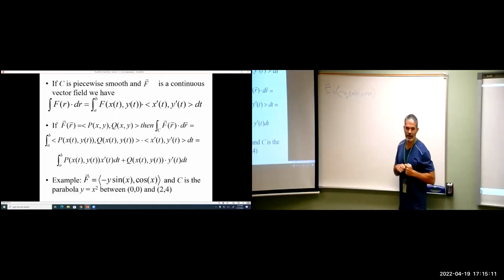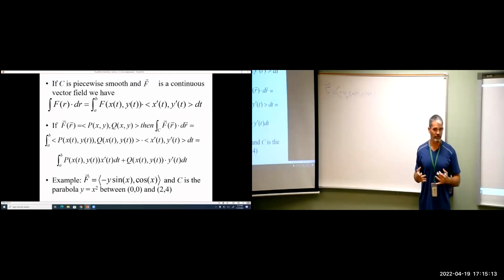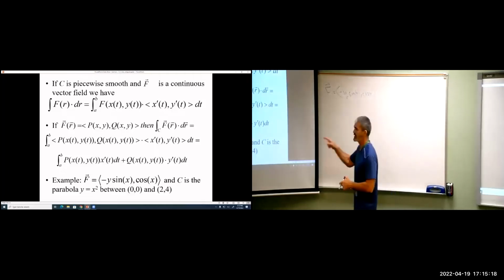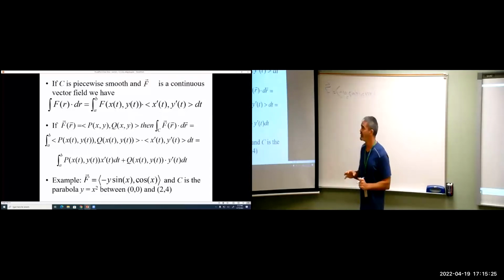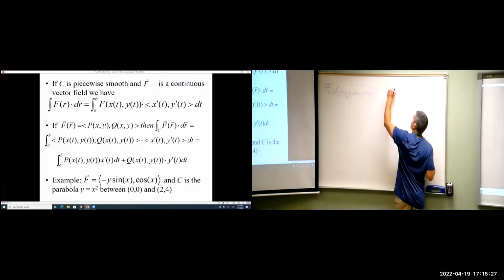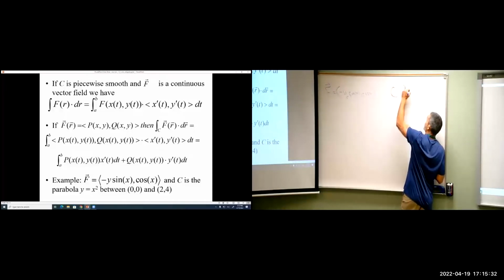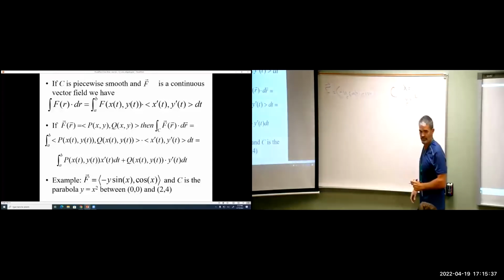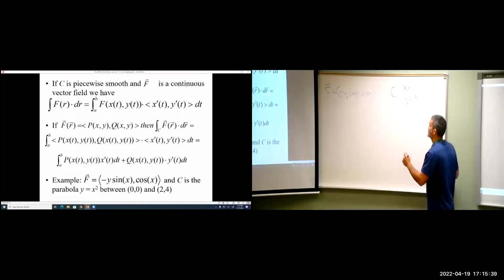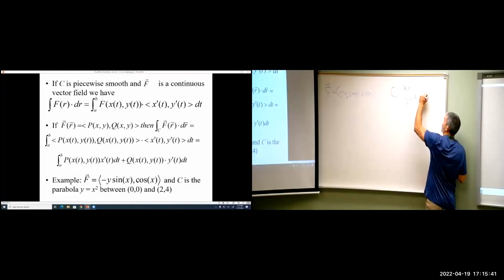So the very first thing I want to do is parameterize that curve. Anytime you're given your curve as y equals a function of x, your parameterization is pretty straightforward. C is going to be: let x equal t, and then y is going to equal t squared, and t is going to go from 0 to 2.